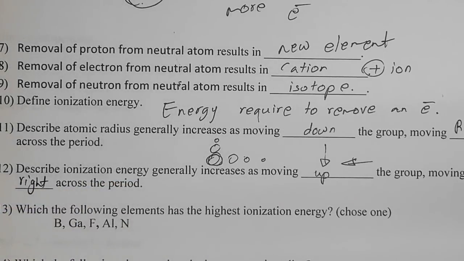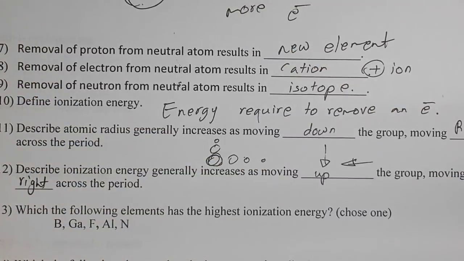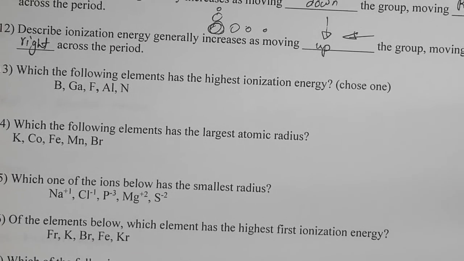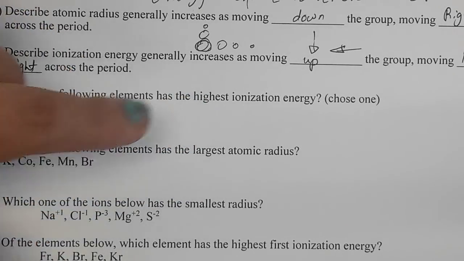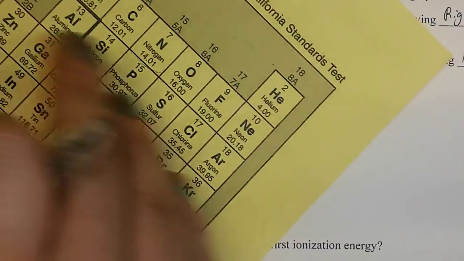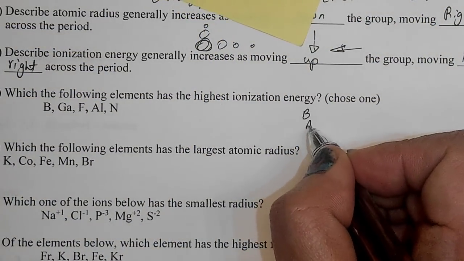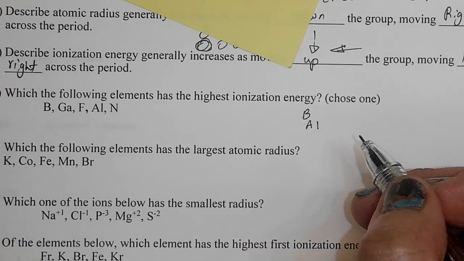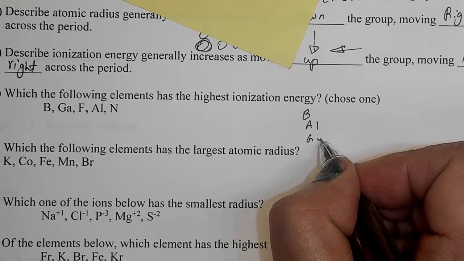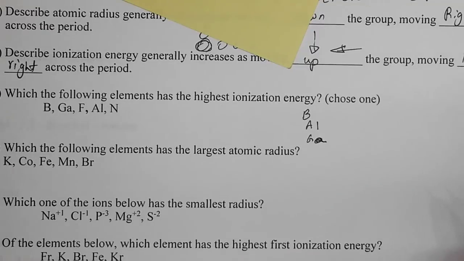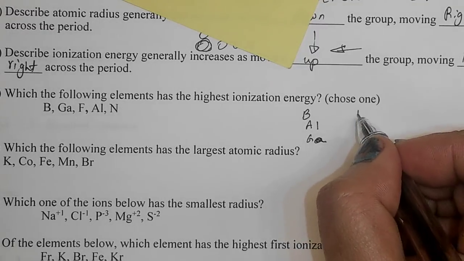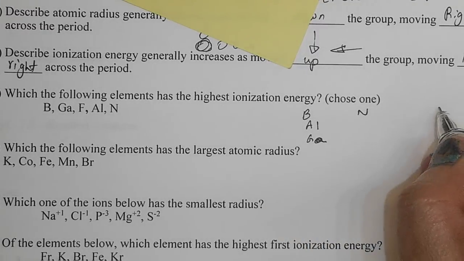Okay, this one I need to look at the periodic table for. Highest ionization energy. Make sure you pay attention to that. First thing first, I always take a look at the periodic table to see where they're at. I have B here. Al is underneath there. Ga is underneath there. And then N is next to B somewhere here, and then F is here.